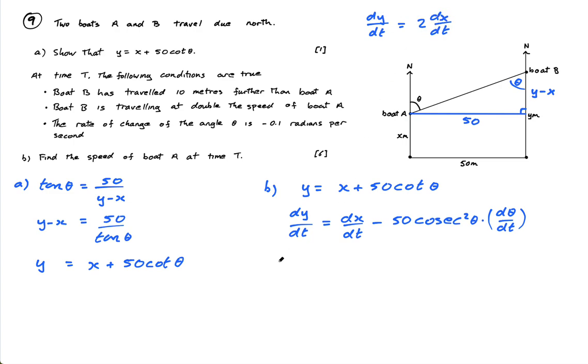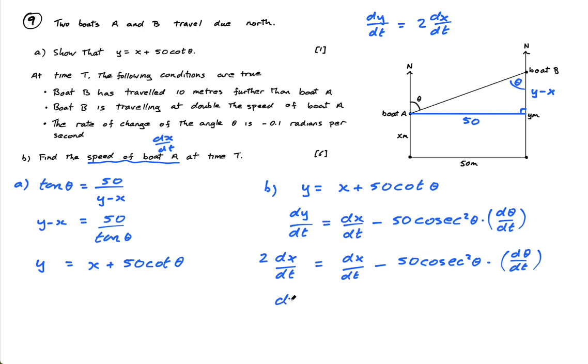So instead of dy dt now, I can put in 2 times dx dt. I'm doing this because I'm trying to find dx dt, the speed of boat A. So this is equal to dx dt minus 50 cosec squared theta times d theta dt.